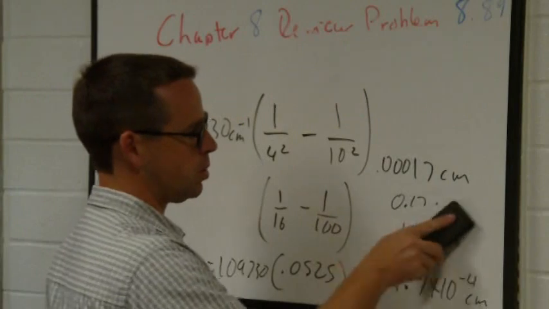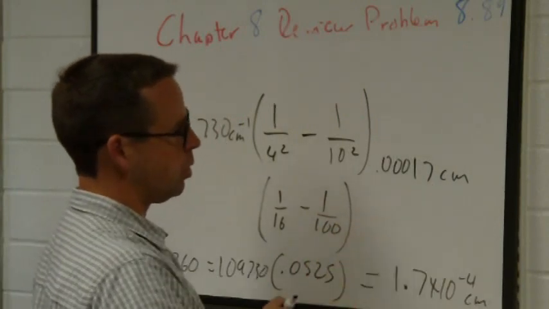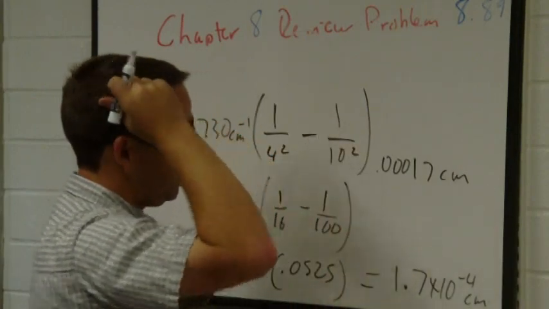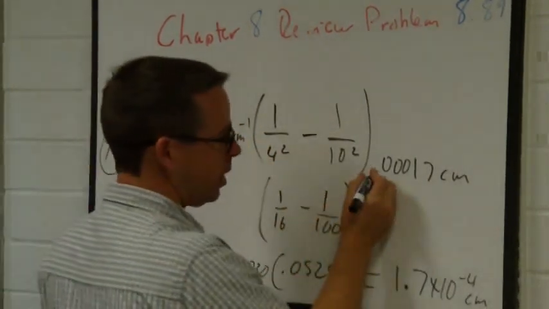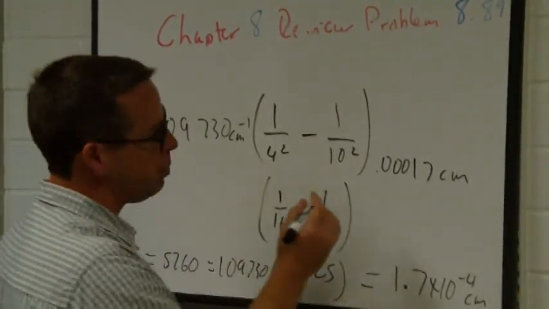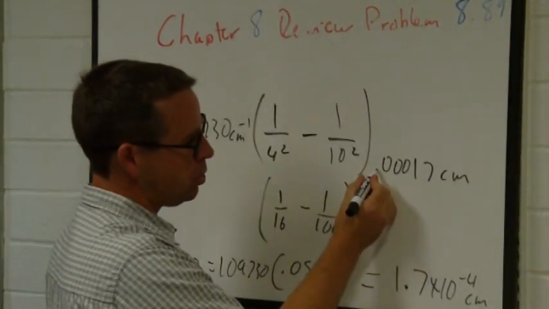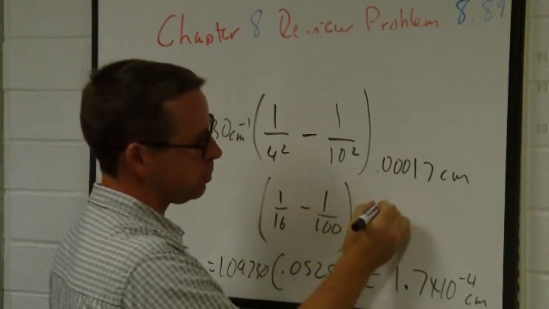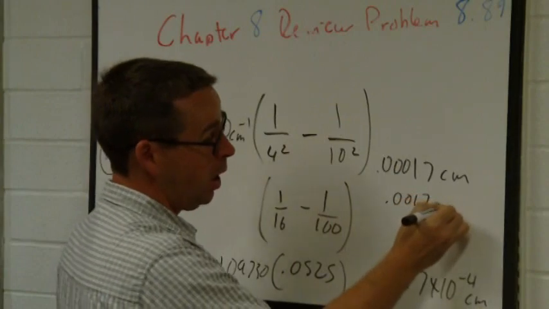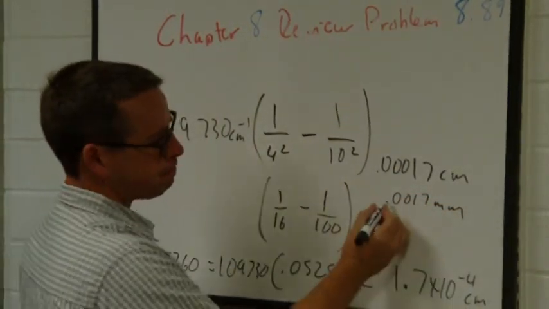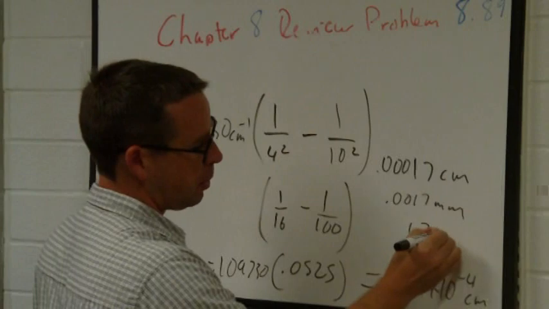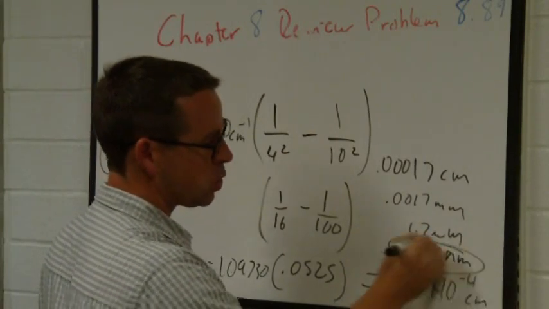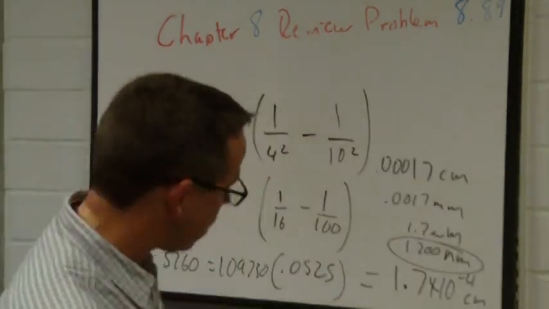This is centimeters, not meters. If we wanted to go to meters, we would go 2 the other way, and to millimeters, we would go back 3. So that's 0.0017 millimeters, or 1.7 micrometers, or 1,700 nanometers. So 1,700 nanometers, that's in the IR range.